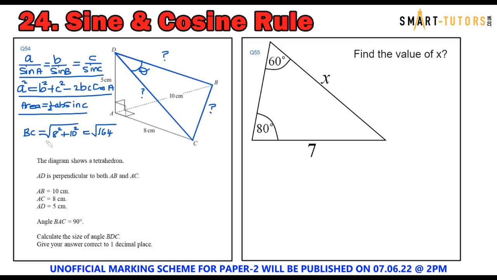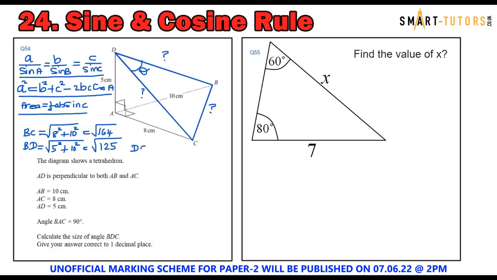After finding BC, I'm going for BD. So BD is equal to square root of 5 squared plus 10 squared. 5 squared plus 10 squared is 125, right? And the next one, DC.